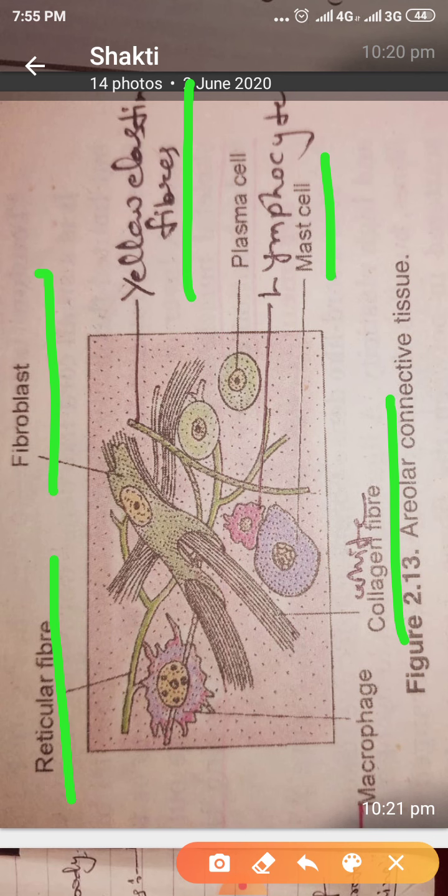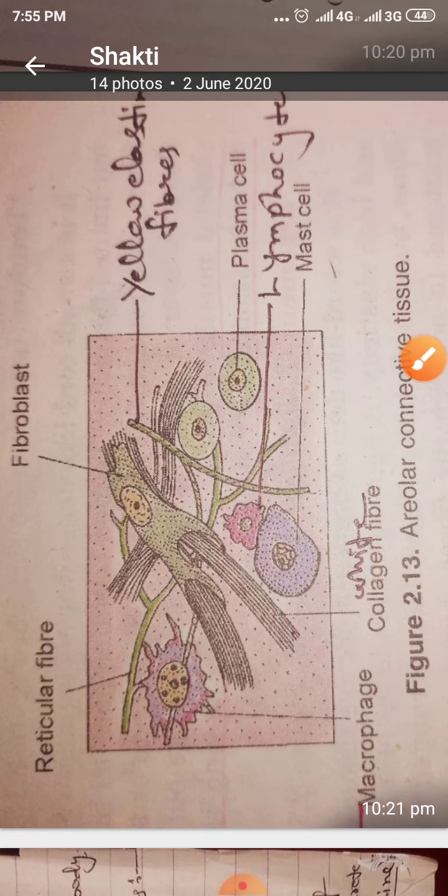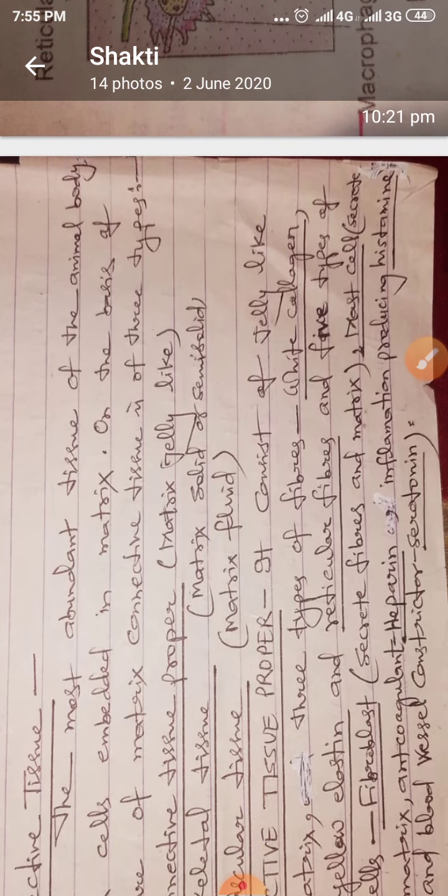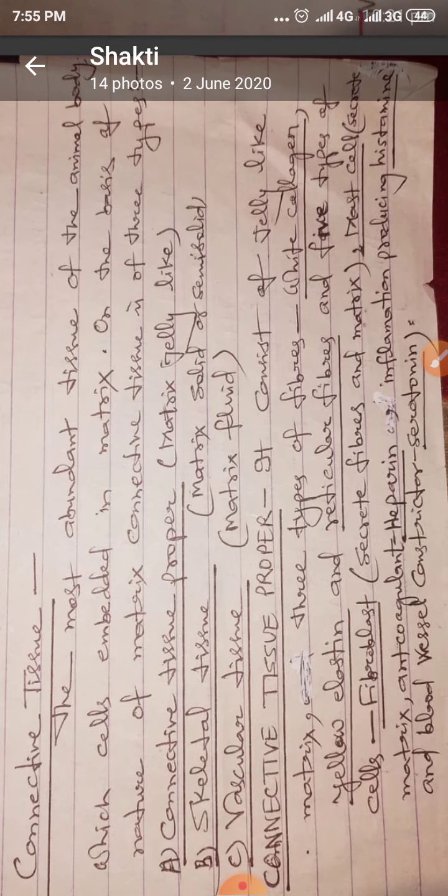In these three chemicals, the first chemical is called heparin. Heparin is an anticoagulant that protects the blood from clotting.